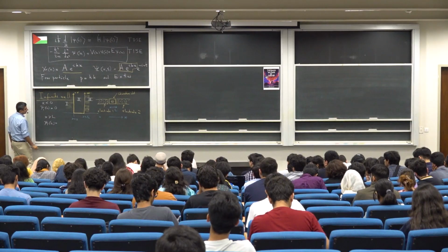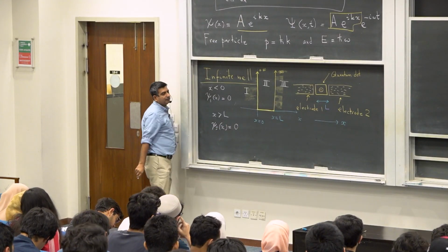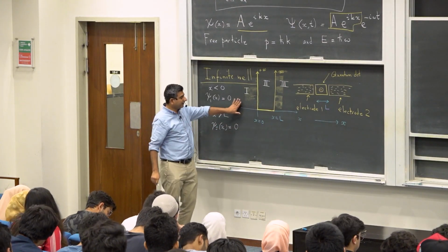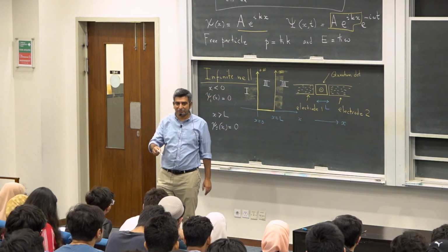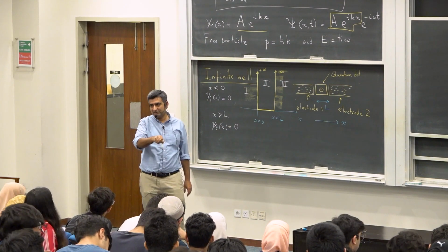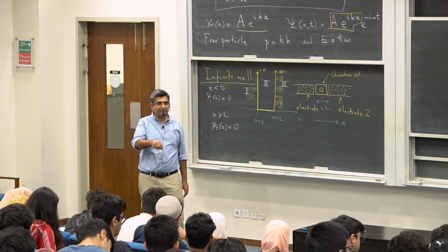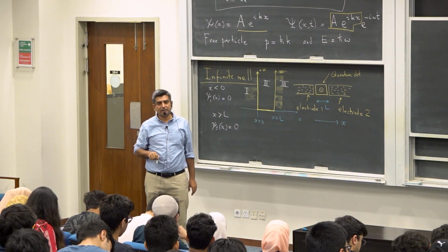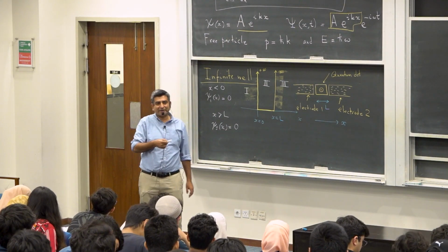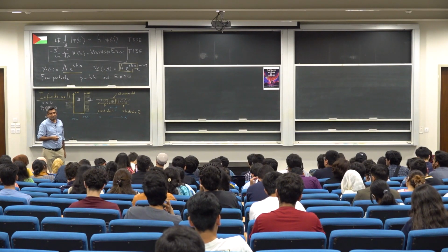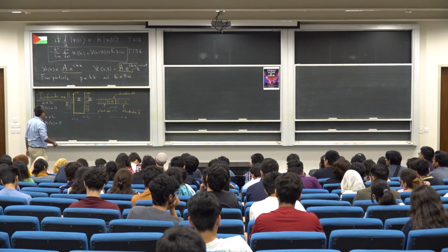What should this be? 0. So I know that the wave function is 0 here and 0 here. I want to find out the wave function of the electron inside the infinite potential well. So we have to solve the Schrodinger equation for that purpose. That's what we would like to do.